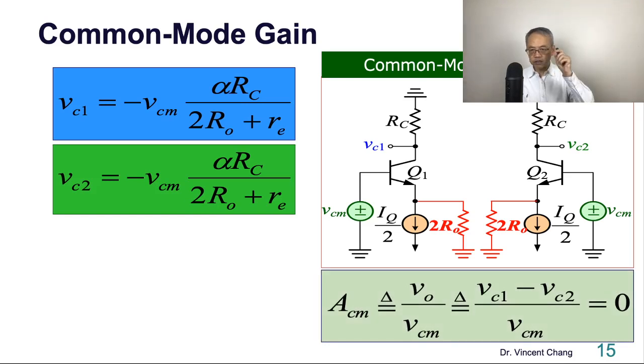If we define the differential output, let's say VC1 minus VC2 is the actual output, then in this case the common mode gain will be 0, because the two single-ended outputs are the same. VC1 equals VC2, so subtract, cancel it out. Zero common mode gain.